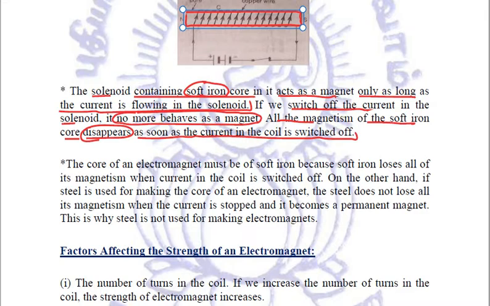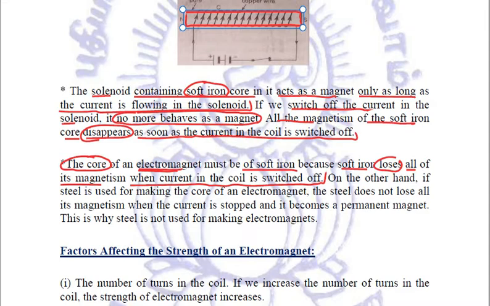right? For making an electromagnet or a temporary magnet, the important thing is which type of core material we are using. The core material that we are using must be of soft iron. Why? Because soft iron loses all of its magnetism when current in the coil is switched off.